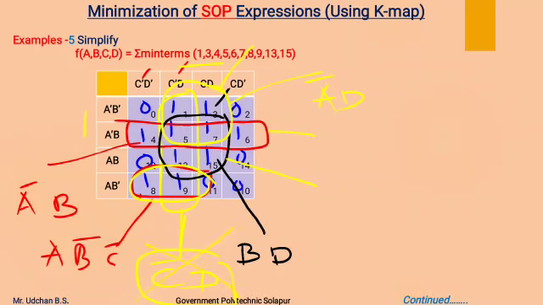Even though if we do not form this quad, there will not be any effect, as all the ones are involved in one of the groups which we have formed, so we can reject this quad. So the end equation will be Y equal to A bar B plus A B bar C plus B D plus A B bar C bar over here, and plus A bar D.